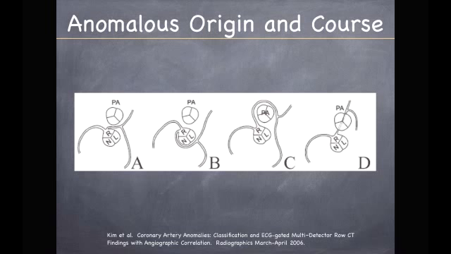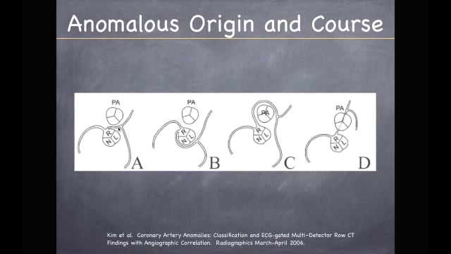So when we talk about origin and course, we've got basically four main examples that we can talk about, especially with respect to course. We can have vessels that go intra-arterial between the aorta and the pulmonary artery. The ones that we get the most concerned about nowadays are when the left coronary artery traverses between these.